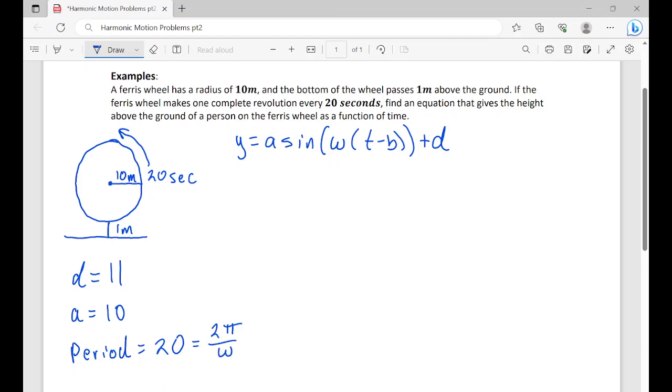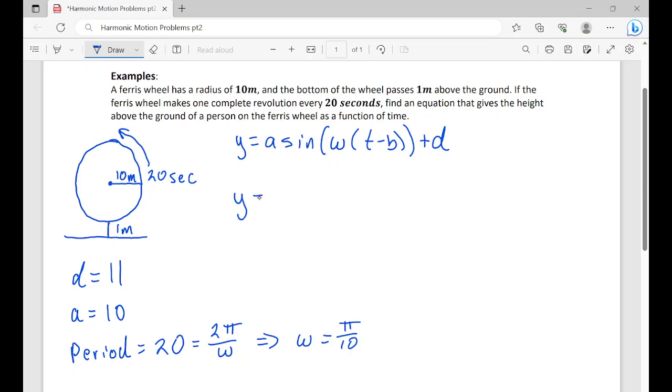Well, here we can just solve for omega. I can multiply omega over and then divide the 20 over. So I'm going to end up getting omega equals pi over 10. And like I said, there's no horizontal shift, so I should feel pretty good. That's all I need. So plug everything into here and get my function.